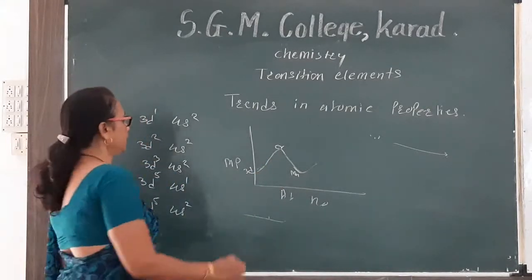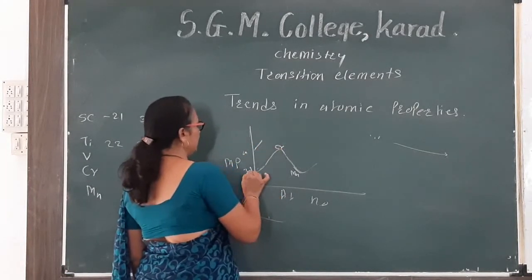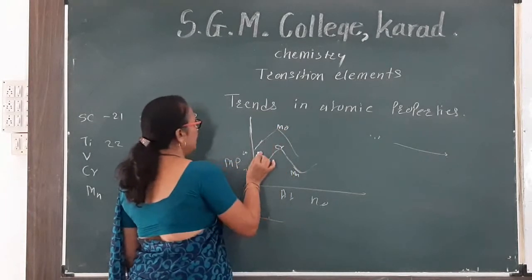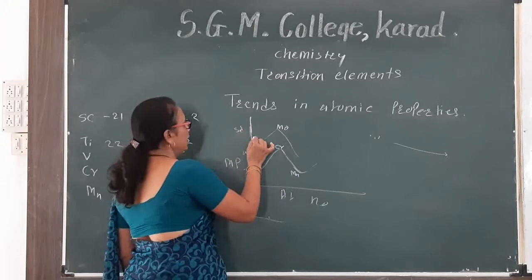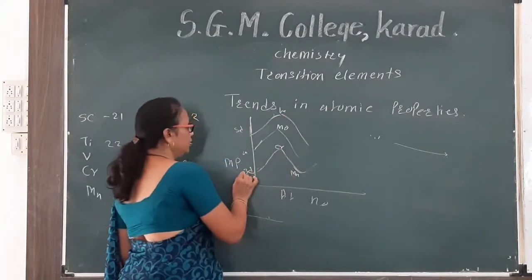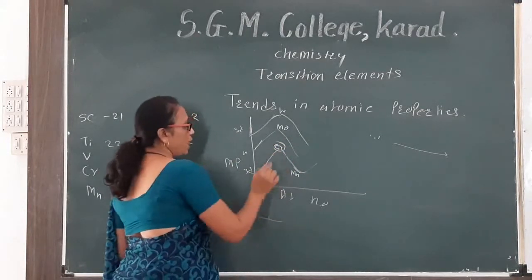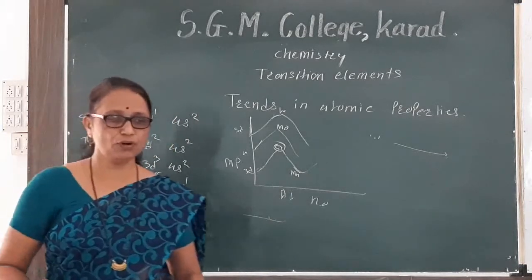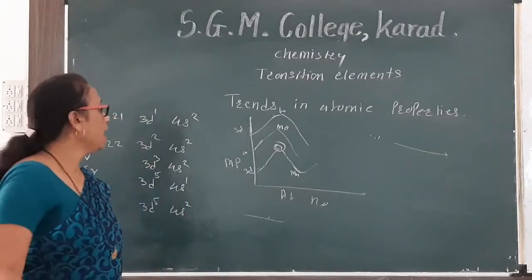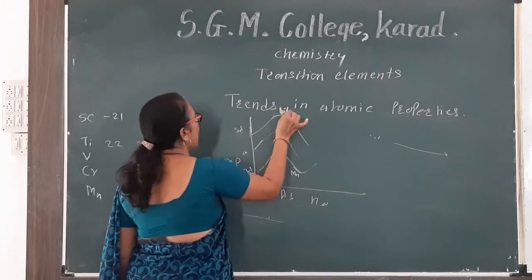The 4d series have higher MP than the 3d series. Molybdenum has the highest MP in the 4d series, and in the 5d series, tungsten has the highest MP. Thus, in the 3d series, chromium has the highest MP because of the higher number of unpaired electrons.